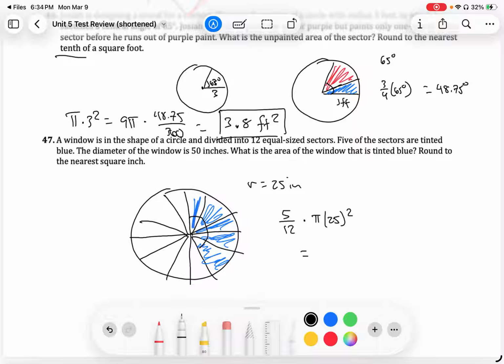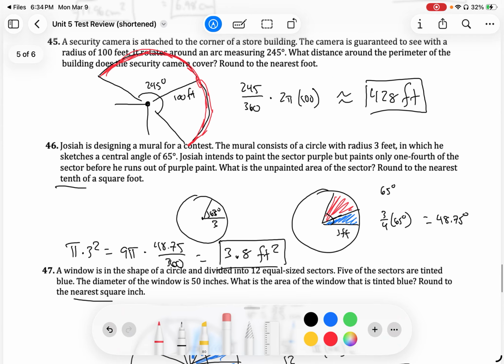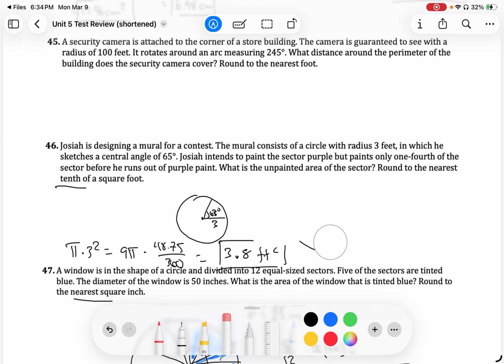That is about 817 or 810 to the nearest square inch. Alrighty, I'm going to go ahead and erase, and we'll finish this off.